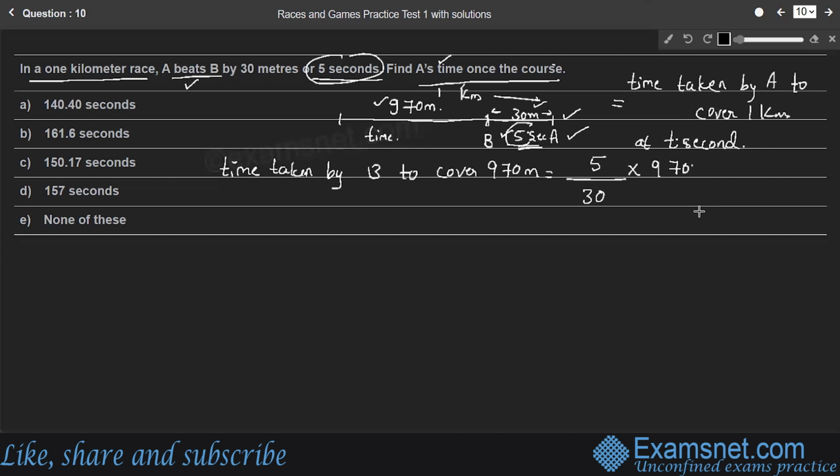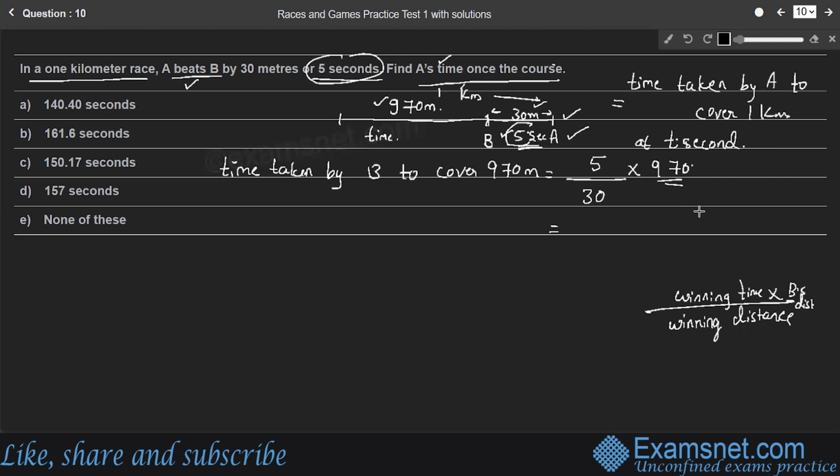Here, 30 meters is the winning distance and 5 seconds is the winning time. The formula says: winning time by winning distance into loser's distance. B is the loser here, so the loser's distance gives the time taken by the loser.